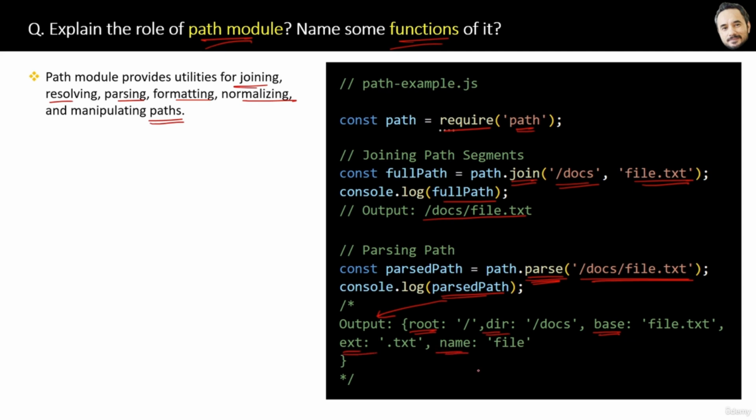So what happened? Basically, now your string path is broken down into several parts, and therefore now it is very easy to understand and reuse these broken parts, right? And that is the purpose of this parse method. Because now you can perform separate operations on these separate object properties as per your application requirement.